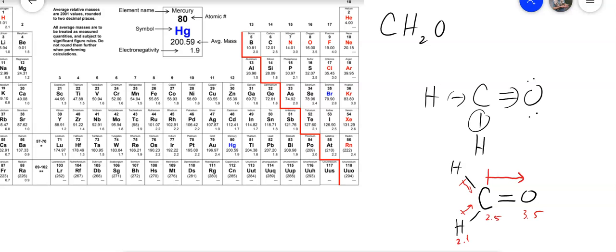Overall, again, if we look at this molecule as a whole unit, we ask, are the electrons getting shifted towards one side, or does it seem like the dipoles cancel each other out? Well, they're getting shifted towards the oxygen side. And I can show that if I draw my vectors here. So I'll start here. I'll draw my carbon-oxygen arrow, relatively the same size. Then I'll take this hydrogen-carbon one and try to draw a small one there.